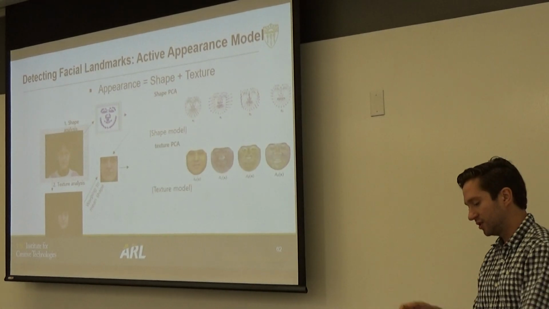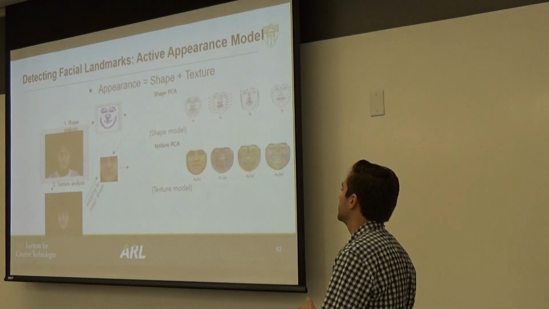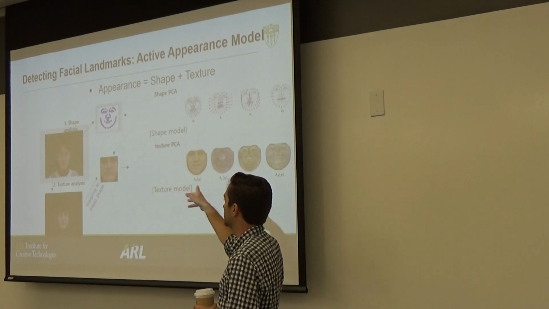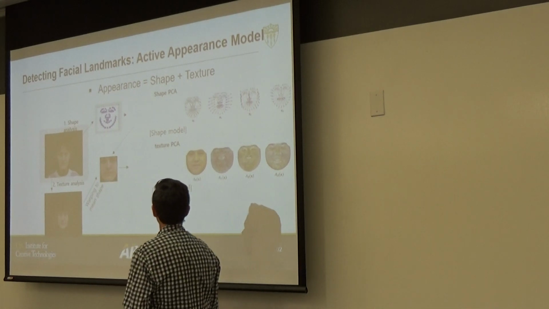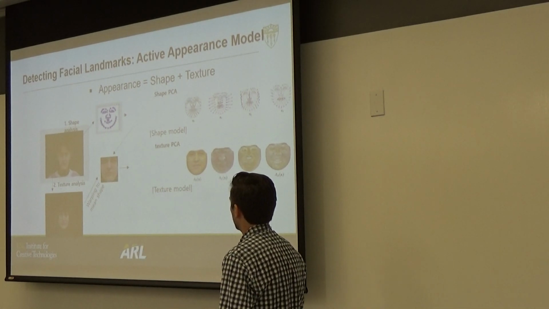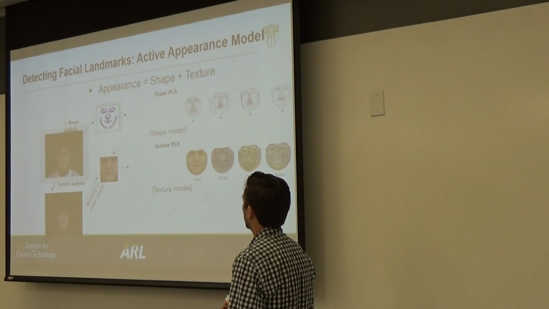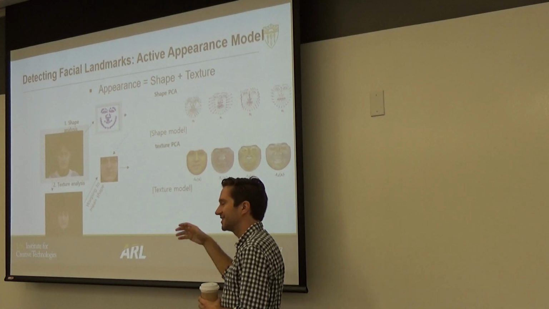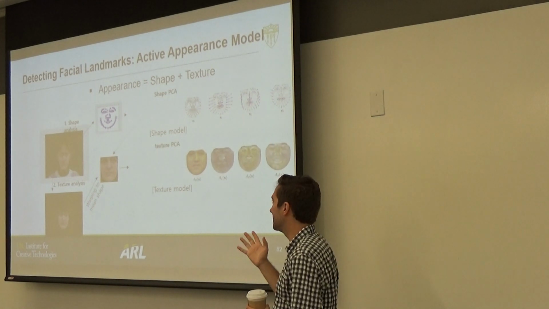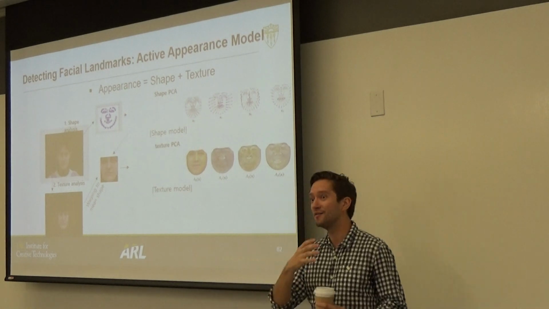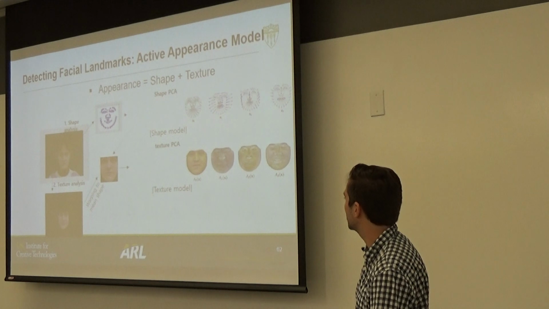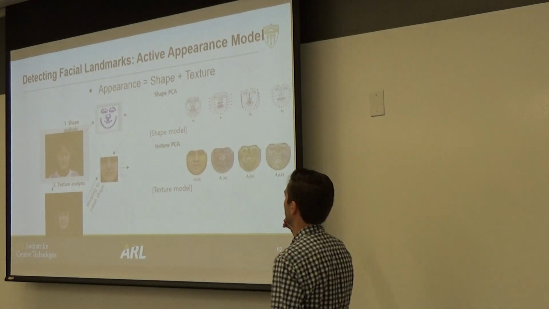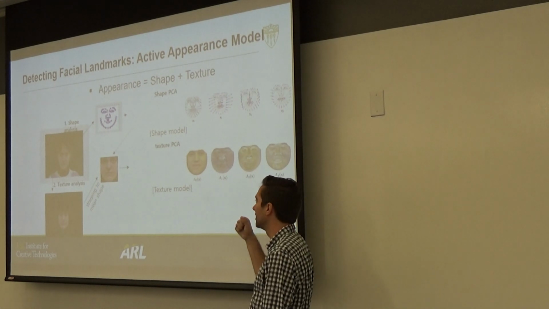And you also do a PCA, a principal component analysis, on the pixel values, every pixel in your shape. What that will give you is a mean texture, so that's probably not a real person, but it's like the average texture of the faces of your data set. And then same thing, modes of variations.